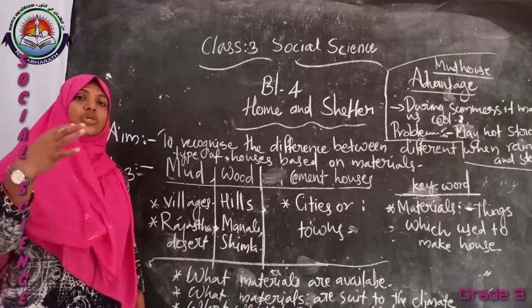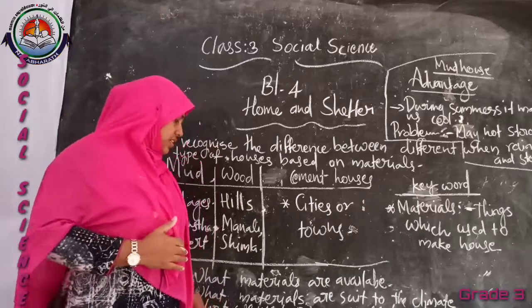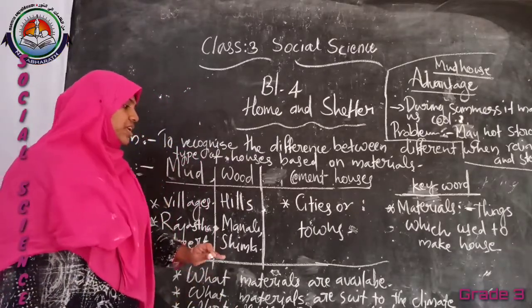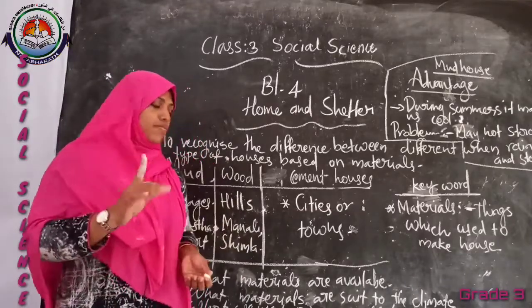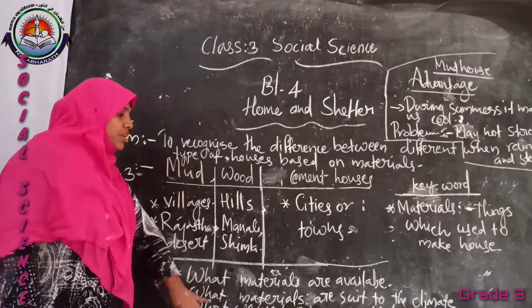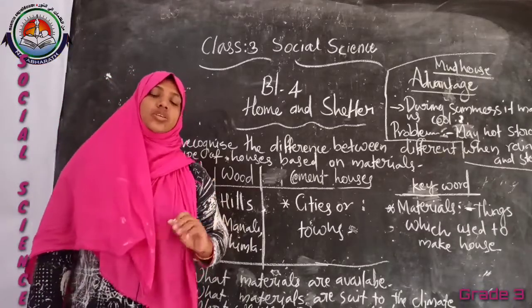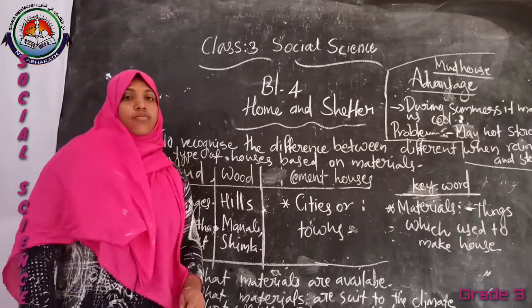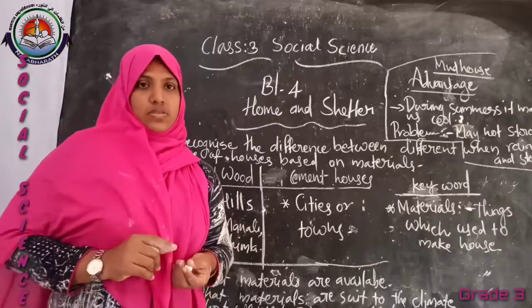Then when we choose the materials of the houses, we have to take care of some things, like what materials are available in the place. Then what materials are suited to the climate of the place. Then what type of houses we need, that means big or small houses.